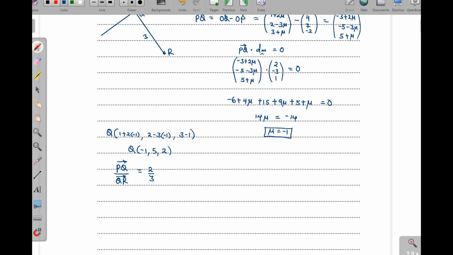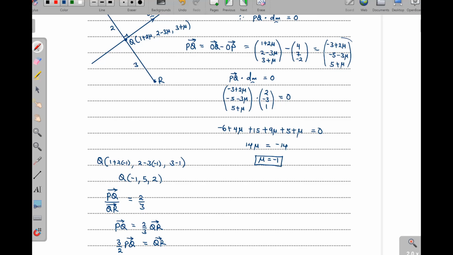So the length and the vectors, they are going to be the same. So meaning PQ is going to be 2 over 3 of QR. You see that? Then you can have 3 over 2 of PQ, then will be equal to QR. Now for PQ, already we have it here. We can just substitute. Are we there?